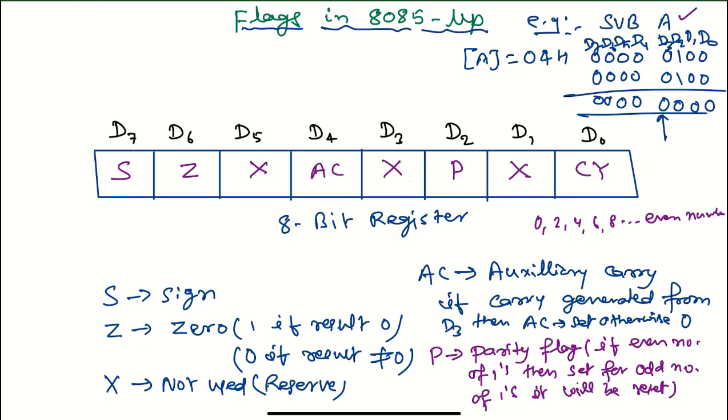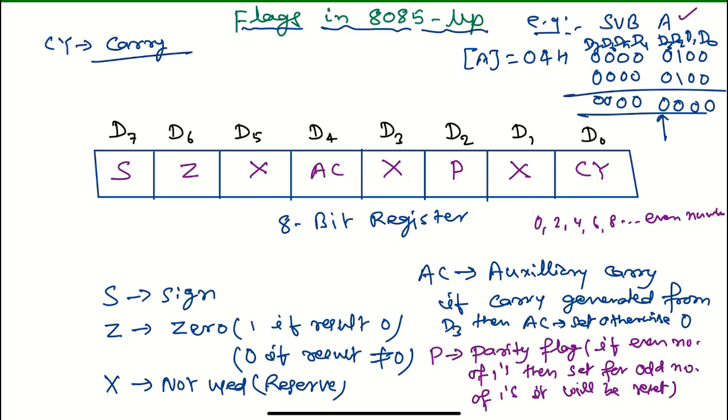Now the next bit position, D0, has the next flag, which is called the carry flag. This CY means carry. Whenever we are performing an arithmetic or logical operation, if there is any carry generated from the MSB bit, then this carry flag will be set, otherwise it will be reset.